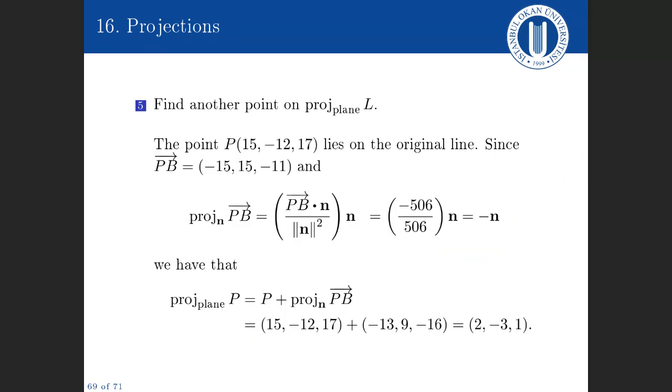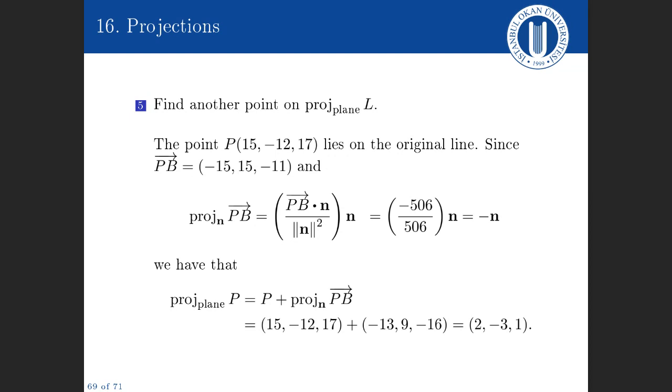So find another point on the projection of the line onto the plane. The point (1, 5, minus 12, 17) lies on the original line. So the vector PB points from this point to the plane. Project this onto N, and then add that onto P, and we get the point (2, minus 3, 1).